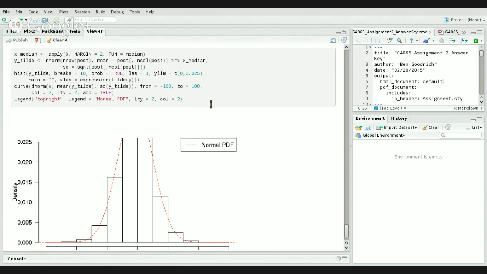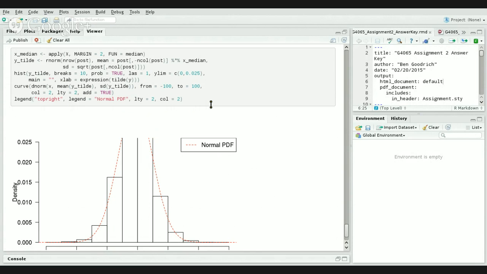So each one of these y tildes is conditionally normal, but collectively, marginalizing over the parameters, they have some unnamed distribution that by construction is going to have at least a little bit more variance than a normal distribution would. Jasper, you had a question?